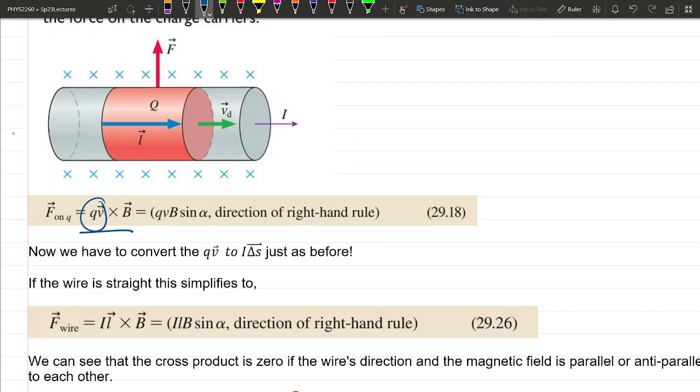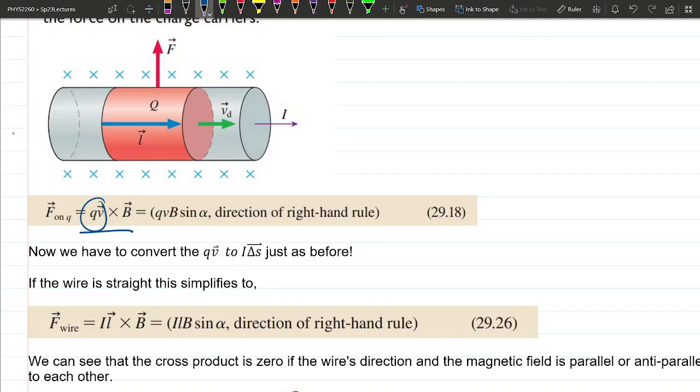Just think of a little parcel of charge with some charge Q. It has some length L, and it's moving. Remember, charges move through solid matter with this thing called the drift velocity. It's a pretty slow drift velocity, but there are charges moving. Let's say you have this wire in a magnetic field.